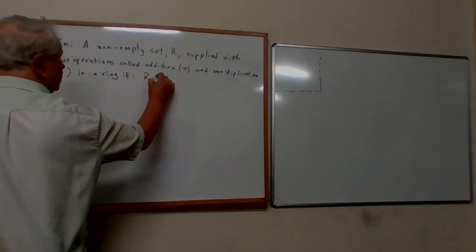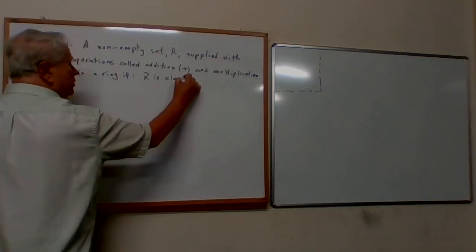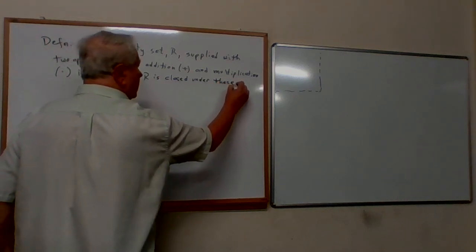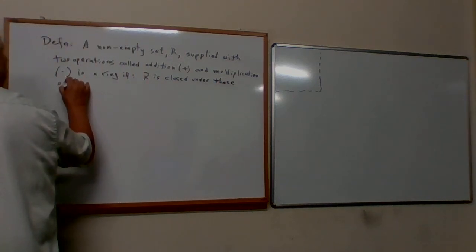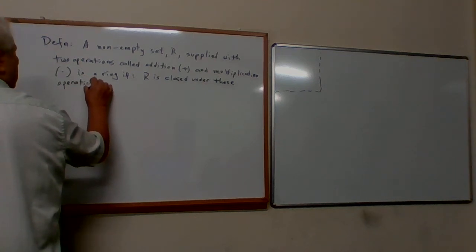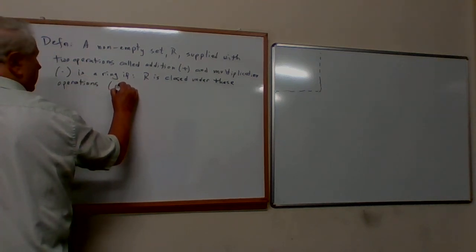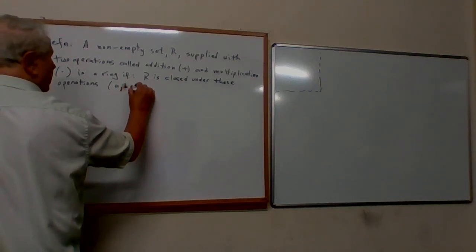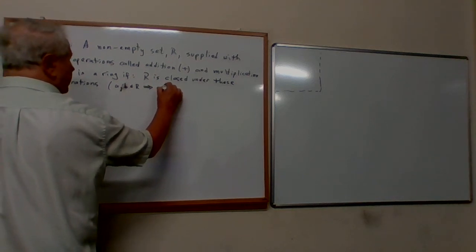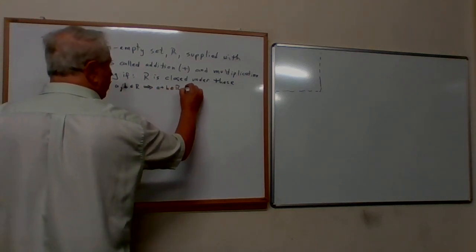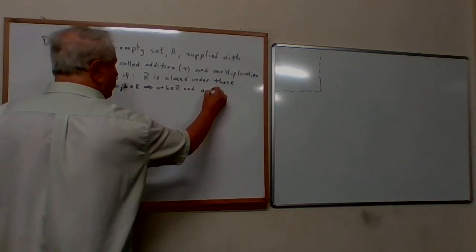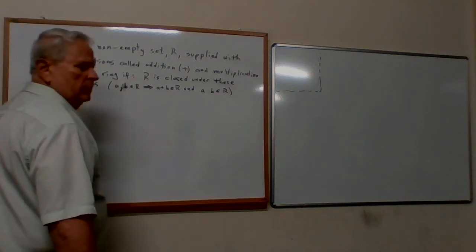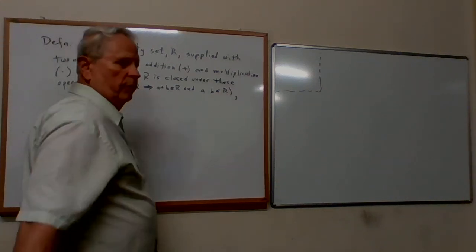If R is closed under these operations, so in other words, A and B being elements of R implies that A plus B is an element of R, and A times B is an element of R. So when you do that, that's the first of the requirements.